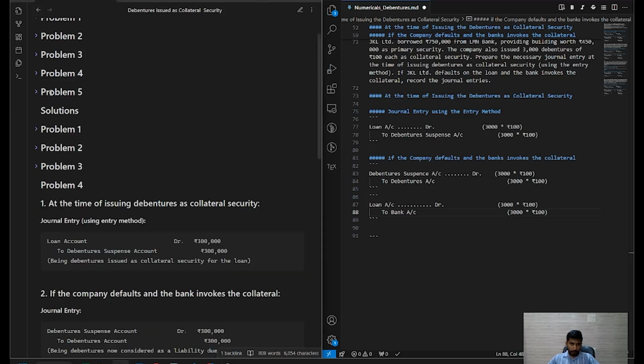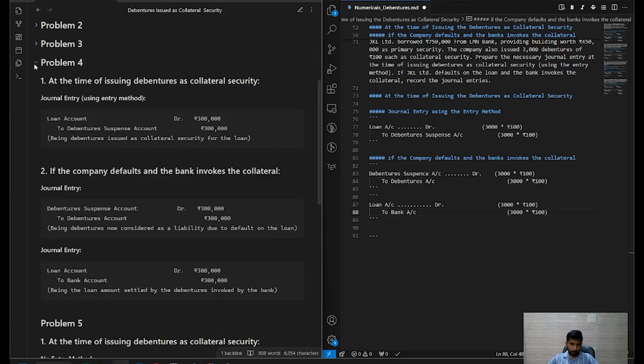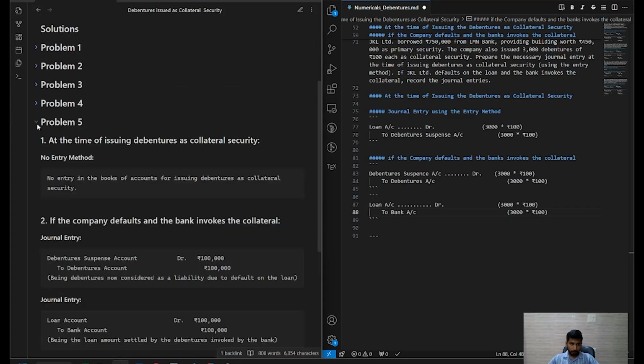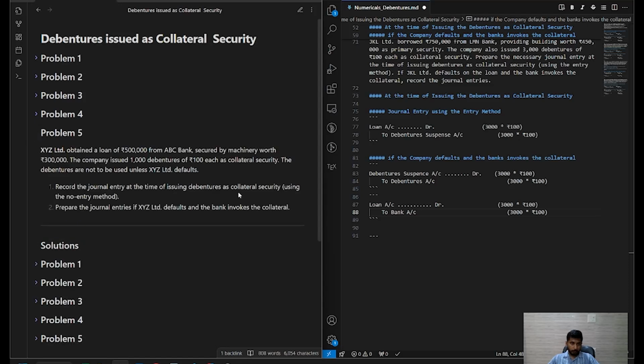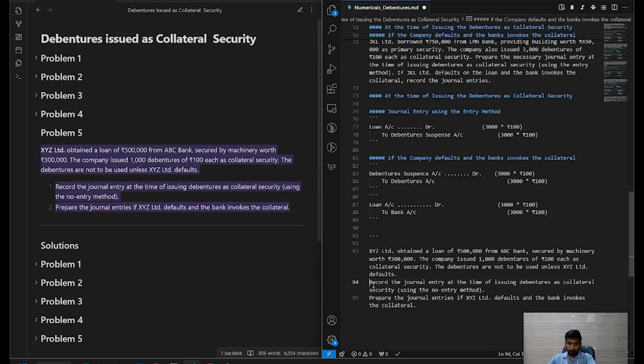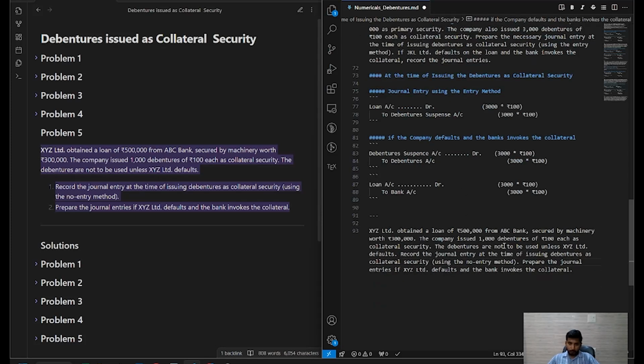Let us just talk about the last problem for this video and then we'll wrap up. Problem number 5. XYZ obtained a loan of rupees 5 lakhs from ABC Bank secured by machinery worth rupees 3 lakhs.